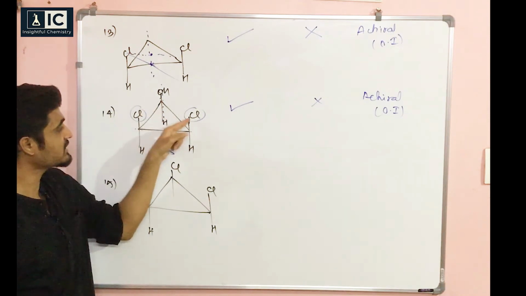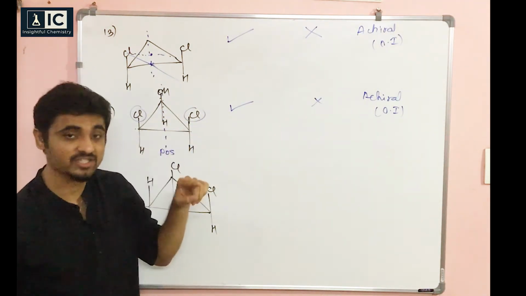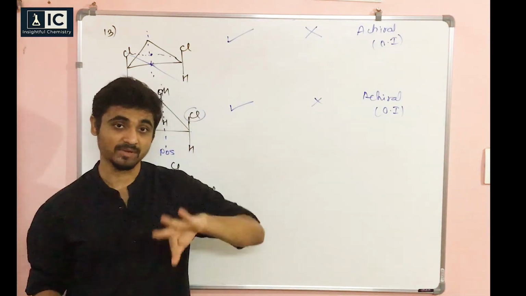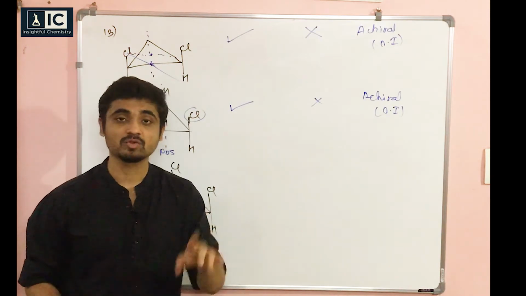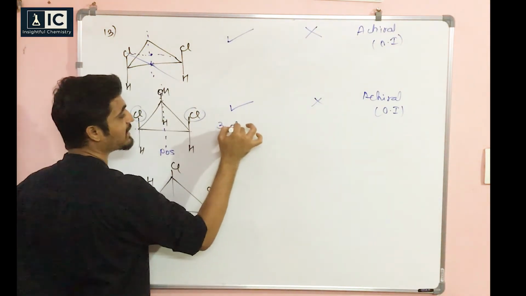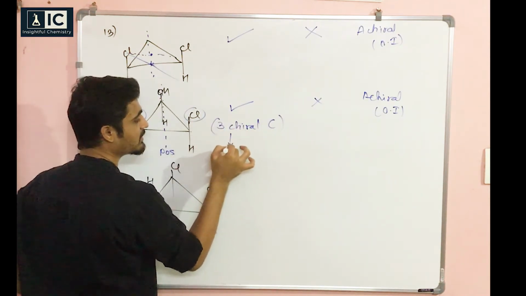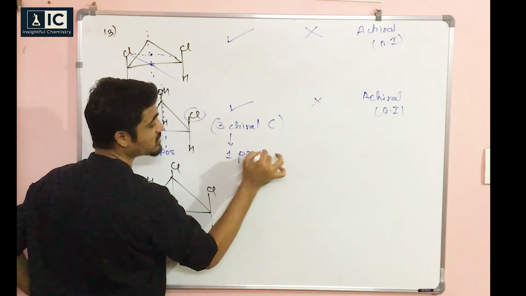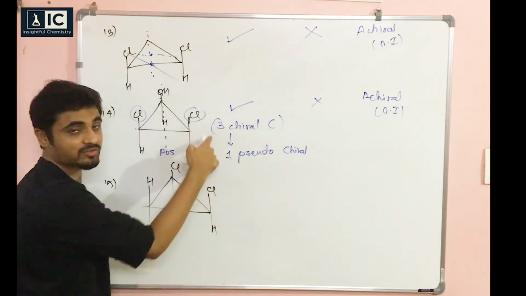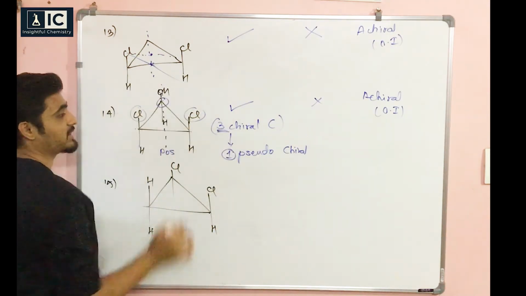Right now it is not chiral, but if I just change this Cl up and down, the orientation of these two groups, this carbon will become chiral. It means sometimes chiral, sometimes non-chiral, so it becomes pseudo-chiral. So overall 3 chiral carbons are there. Out of that, 1 is pseudo-chiral also. Not 3 plus 1. Inside this 3, there is 1 pseudo-chiral, which is this one.